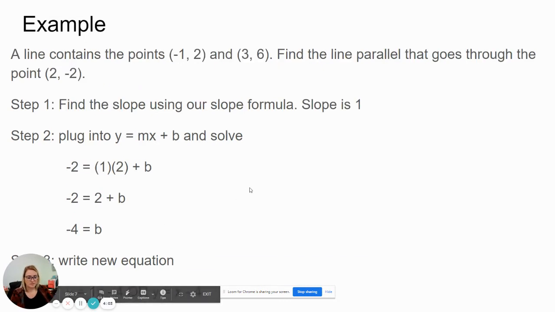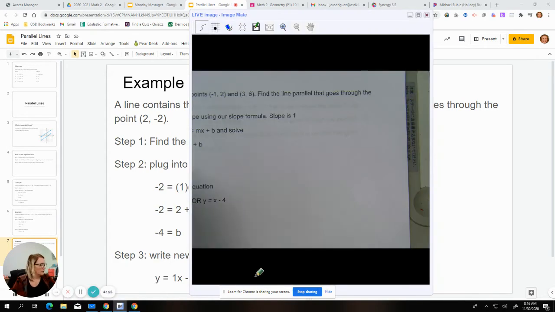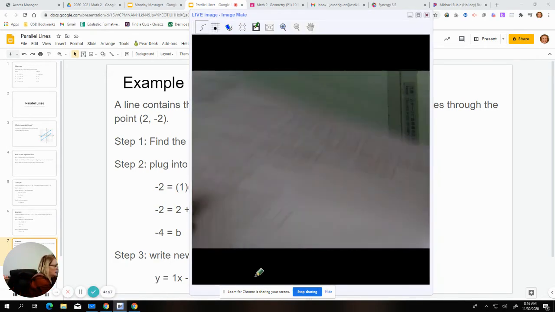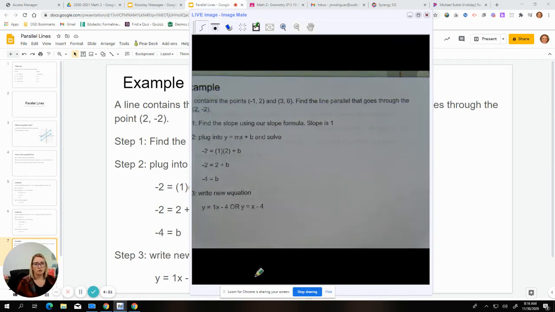All right, this next one is one where you have to find the slope first, and then go through and do each step. Again, I'm going to pull up my other slide. We have the points negative 1, 2 and 3, 6, so we have to find the slope.